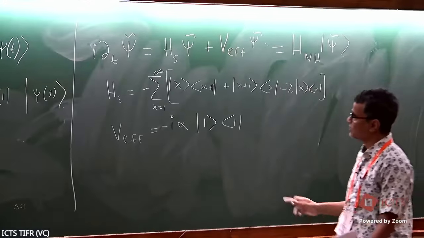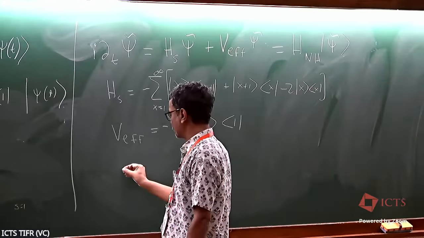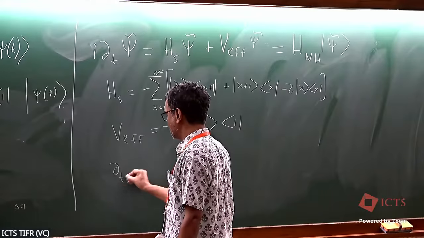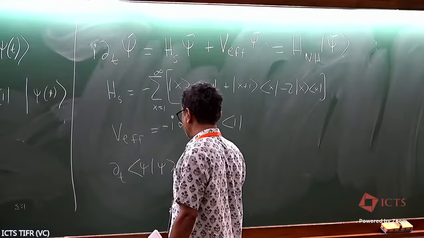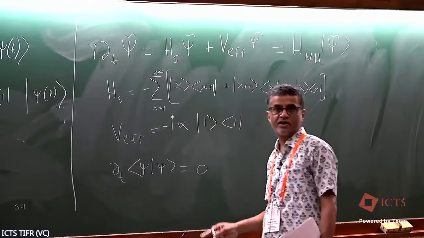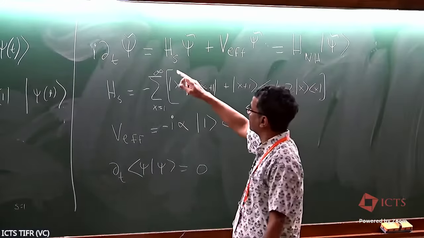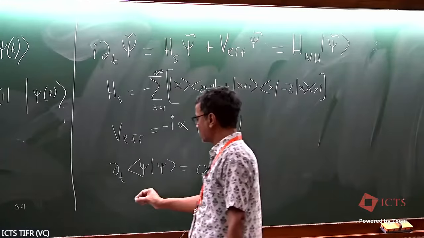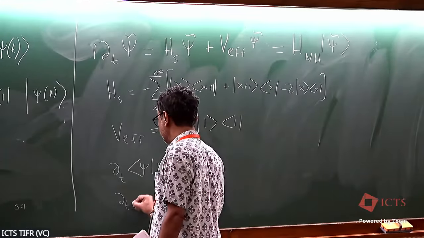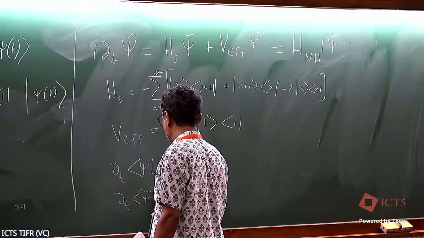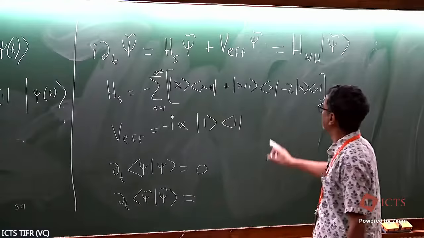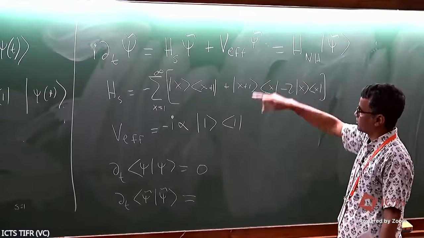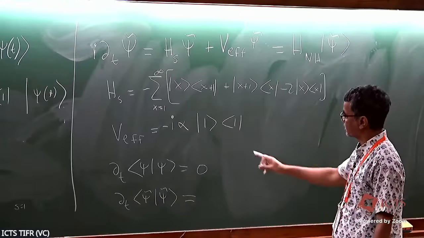Now you can quickly check, for example, that usually if you work with unitary evolution, you can show that the time derivative of the norm of psi is zero, right? The norm is preserved. Here, if you try to do the same computation, what is del_t of the norm of psi tilde? This is a very simple calculation. I won't do it.